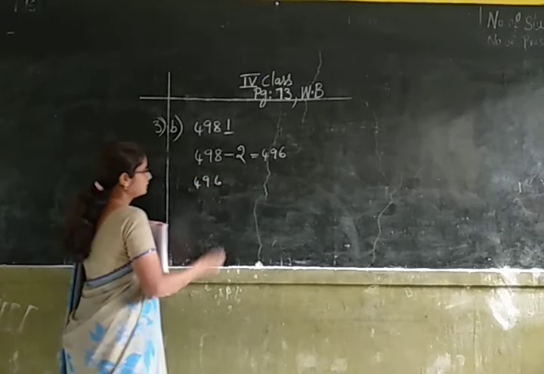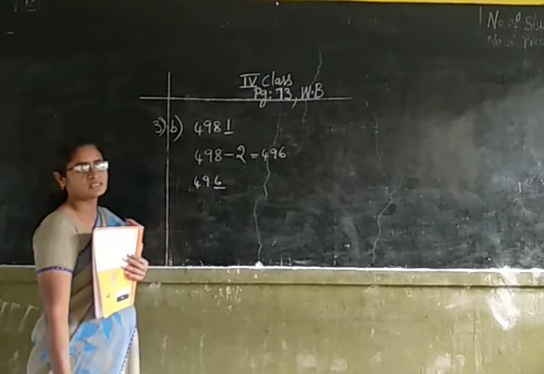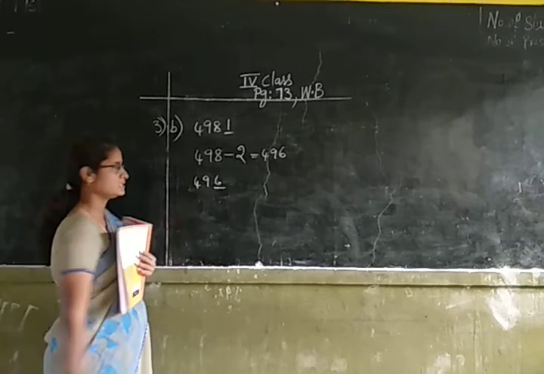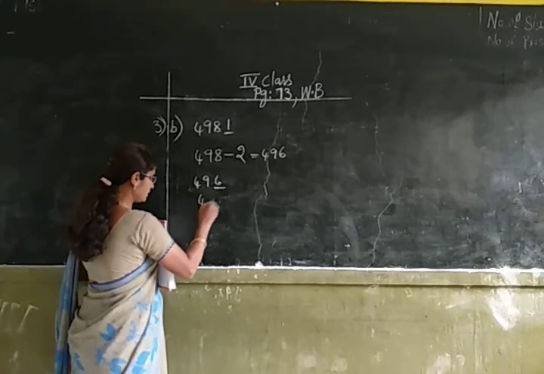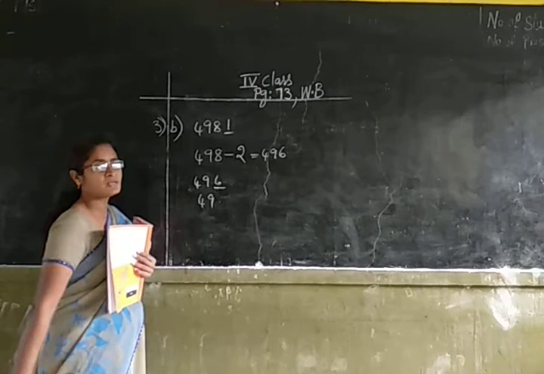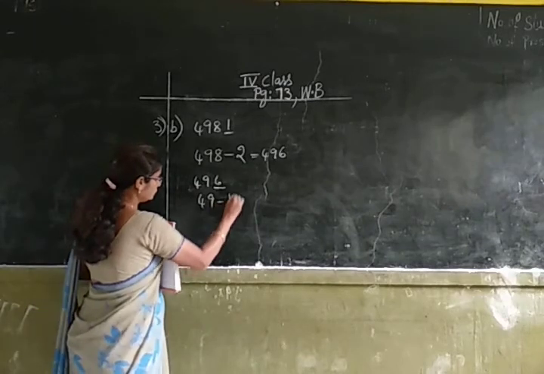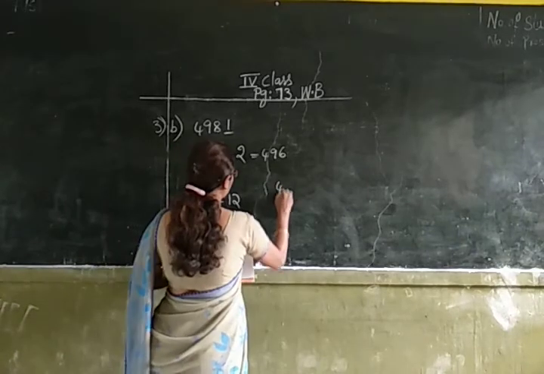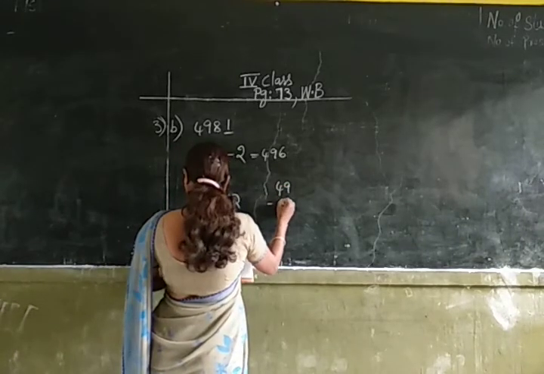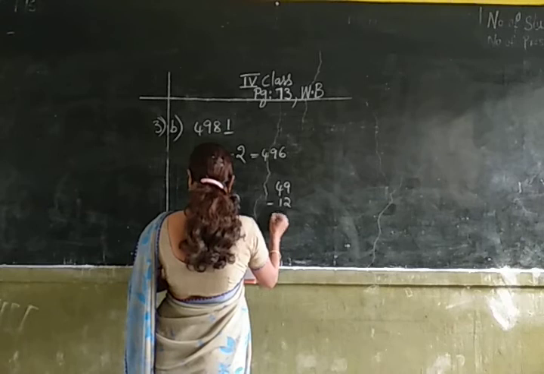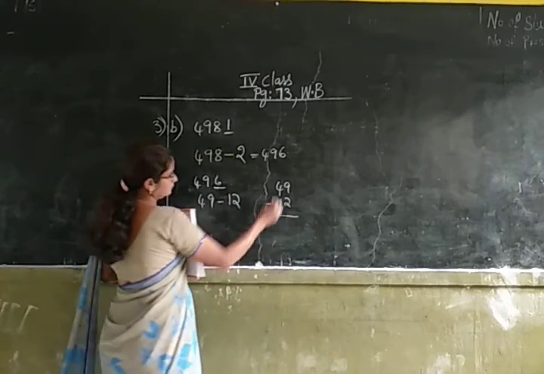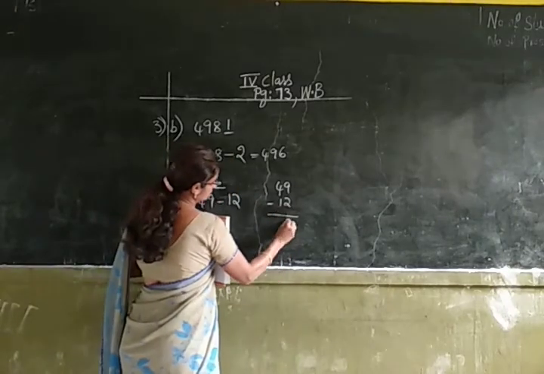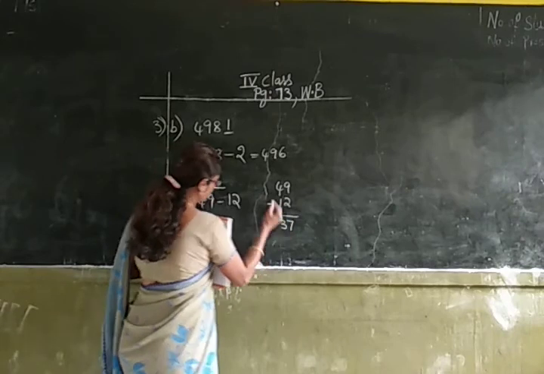Okay children. Let us double the last digit and subtract it from the remaining digits. Here the remaining digits are 49. When we double 6, it will become 12. So let us subtract 12 from 49. 9 minus 2 is 7. 4 minus 1 is 3.